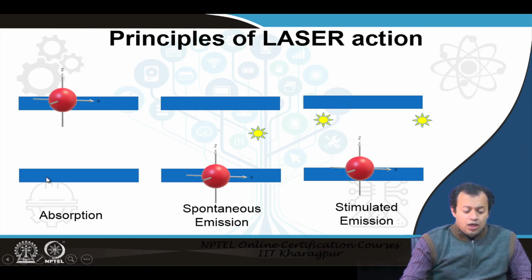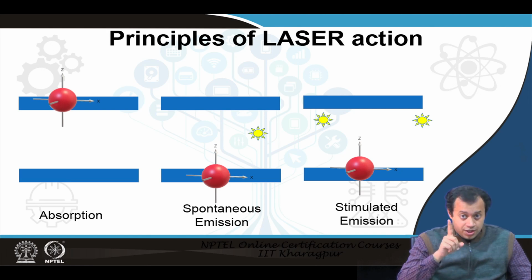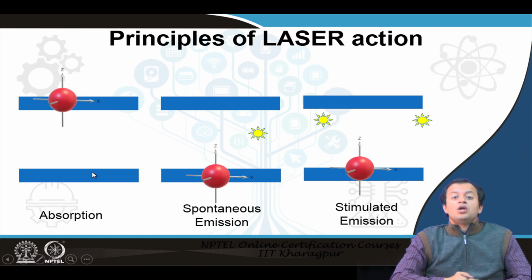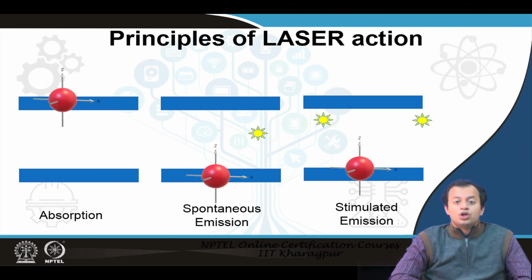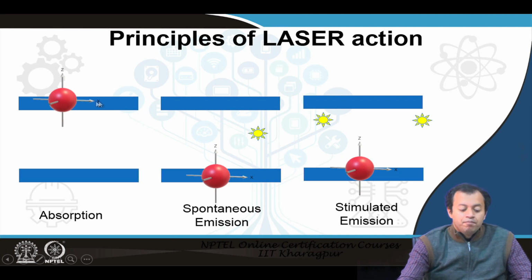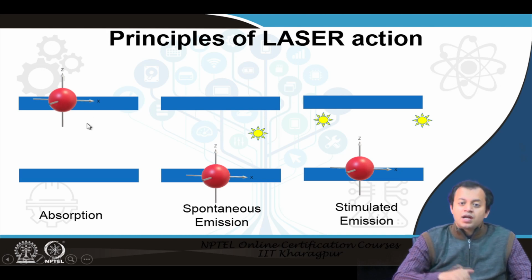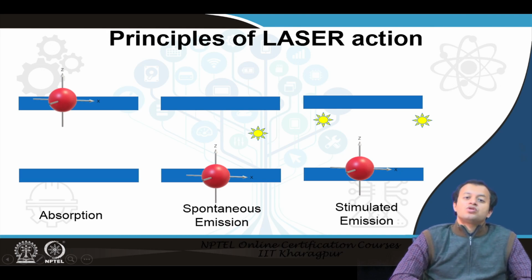Secondly, the lower level does not necessarily have to be the ground state. The lower level does not necessarily have to be the lowest state of the molecule, the lowest state of the atom. It can be anything below the higher state. Remember we said S0, S1, S2, S3 in fluorescence.